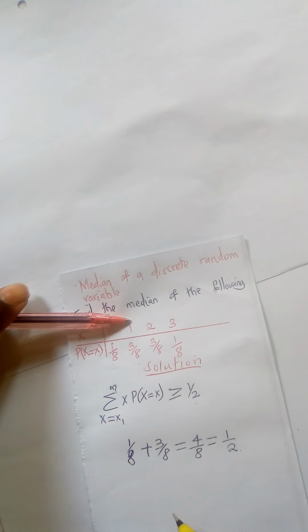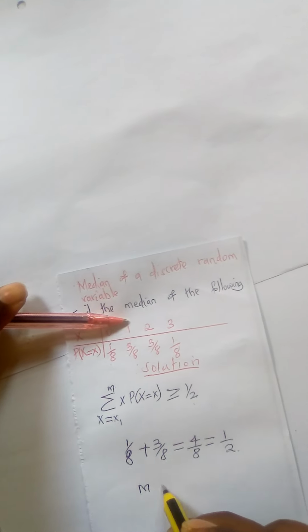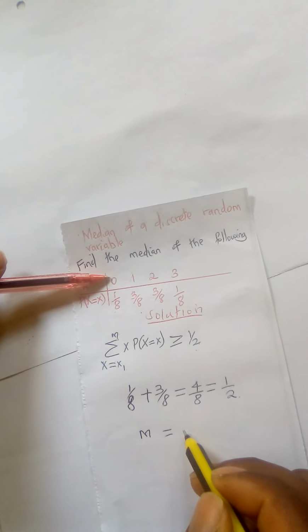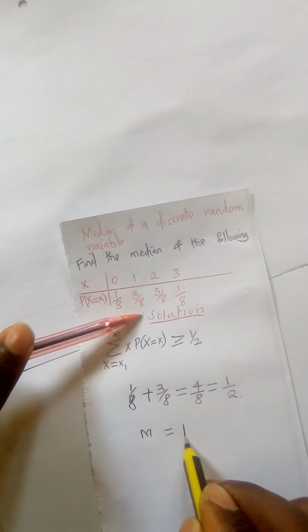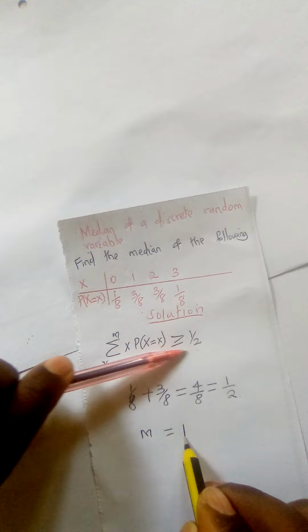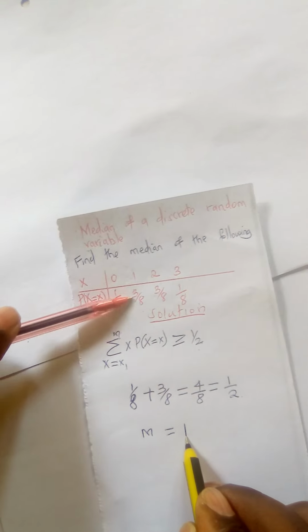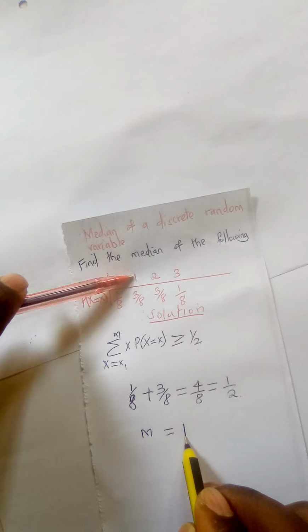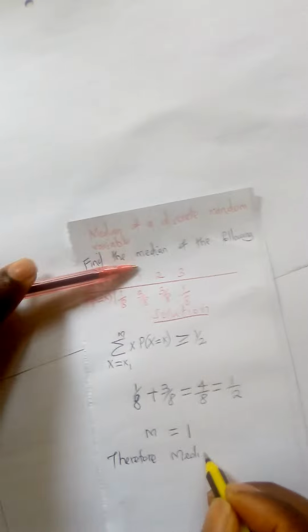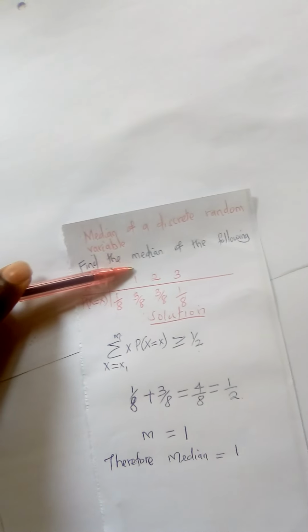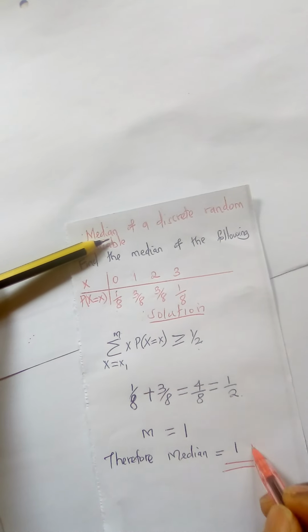So just come here and write m equals 1, because you realize that it is up to the first 3 over 8 that satisfies the provided equation. So m is equal to 1. Then you say, therefore, the median is equal to 1, and you have arrived at the final answer.